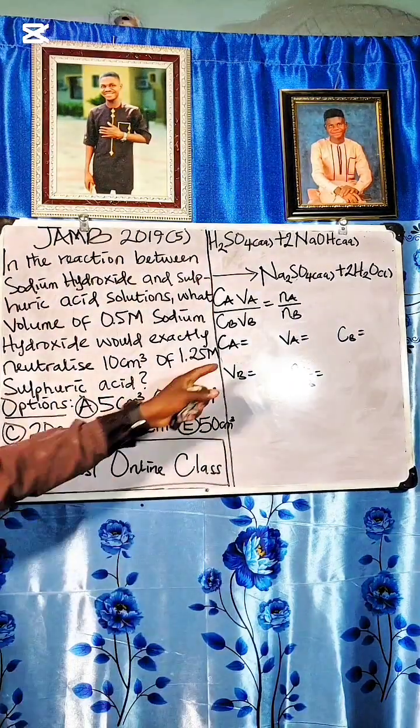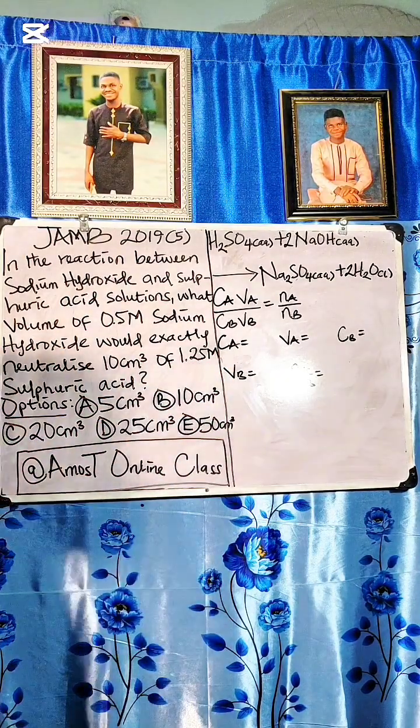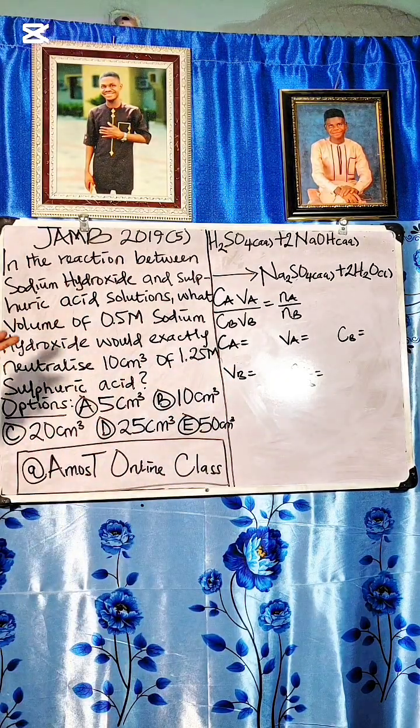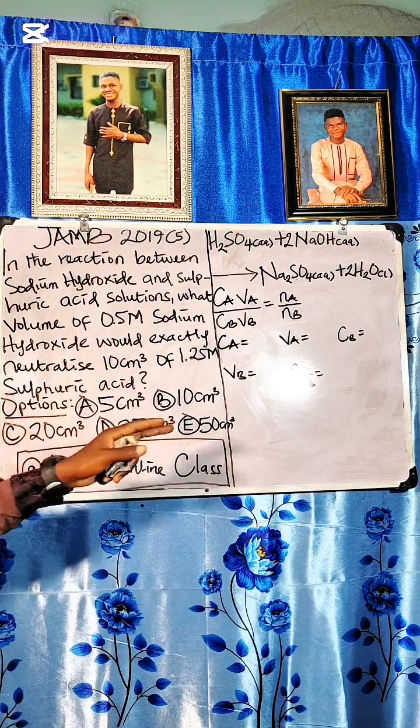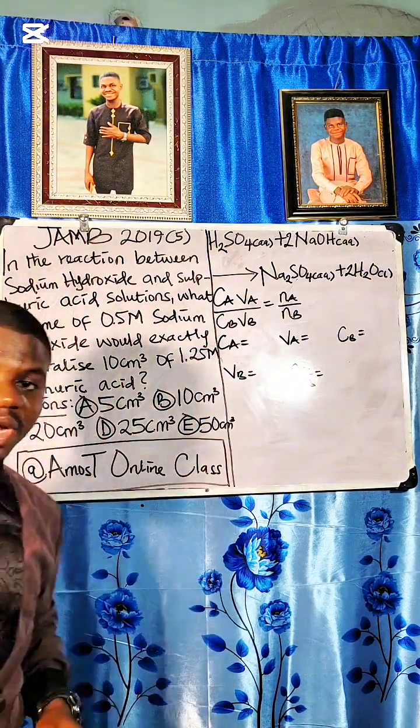Now, CA, I said, is the concentration of acid. From the question, it says, in the reaction between sodium hydroxide and sulfuric acid solutions, what volume of 0.5 molar sodium hydroxide would exactly neutralize 10 cubic cm of 1.25 molar sulfuric acid? So the concentration of sulfuric acid from the question is 1.25 molar.